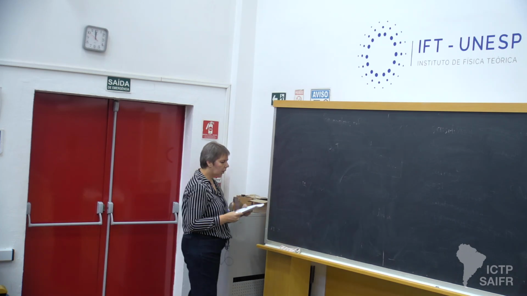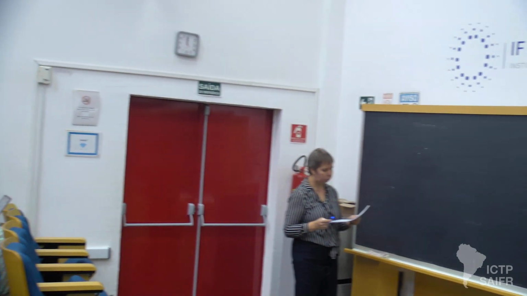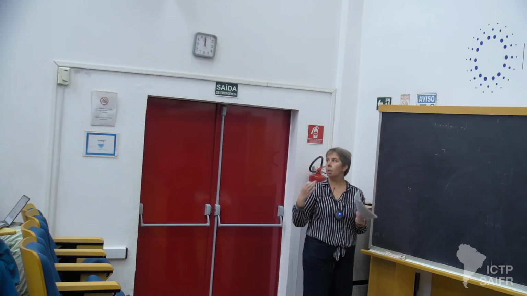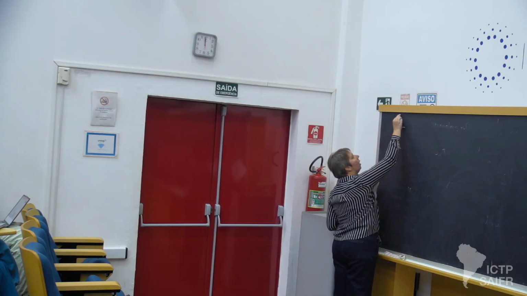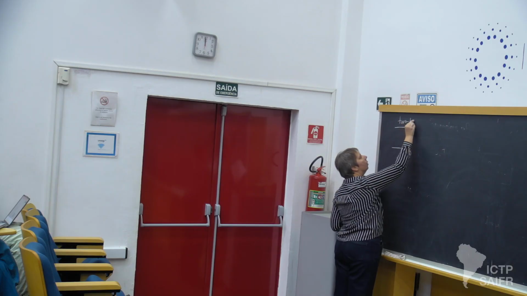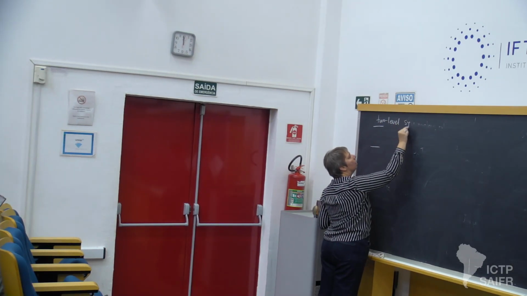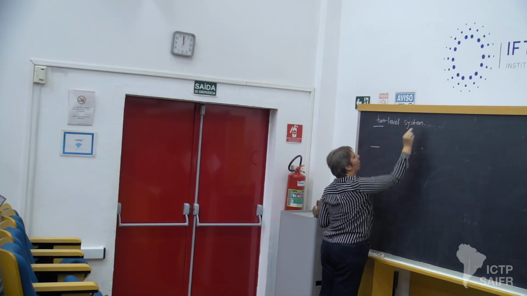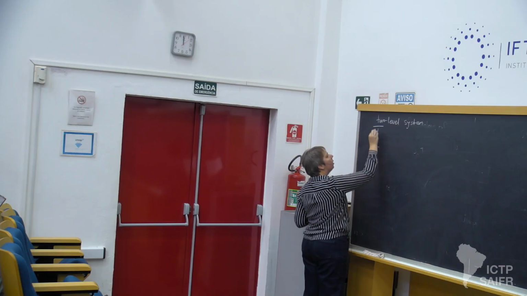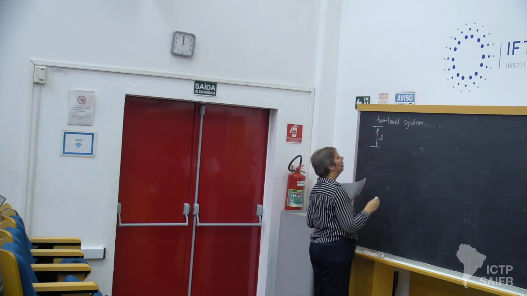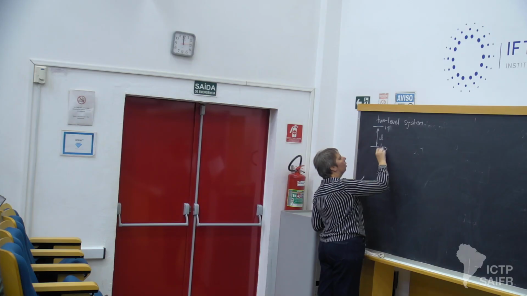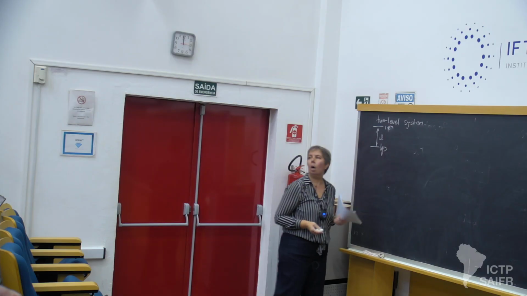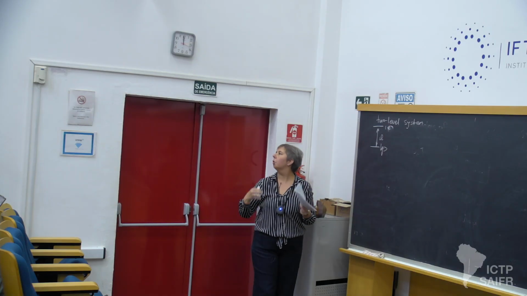We'll see how much I will be able to go through today, but the simplest optical system where we have light interacting with atoms is a two-level system. So we have two levels, ground and excited, and we have an electromagnetic field interacting with them. If the level shifts, we will see something.